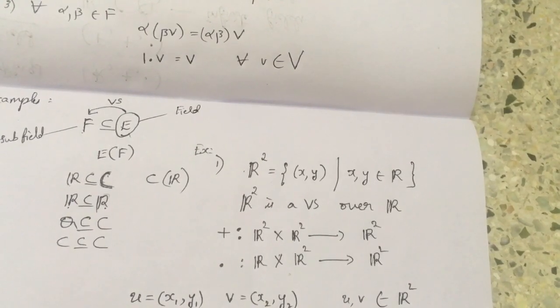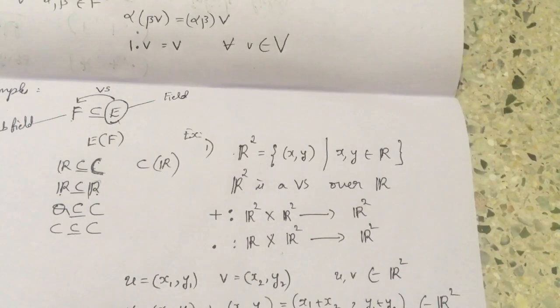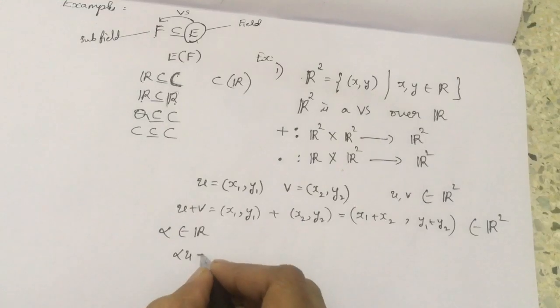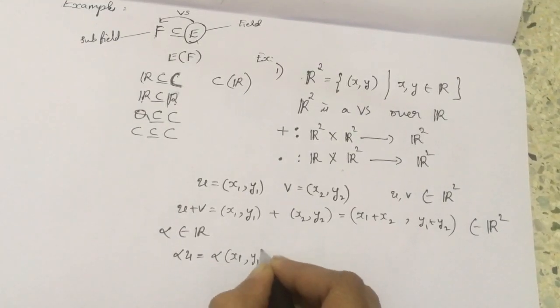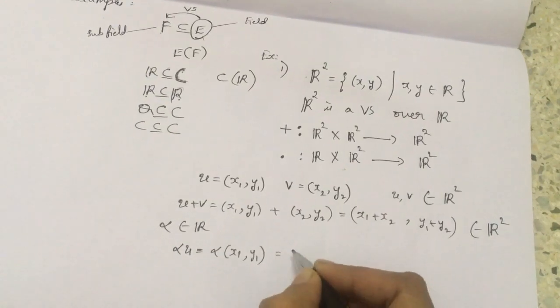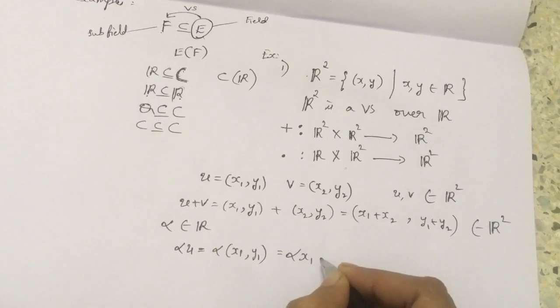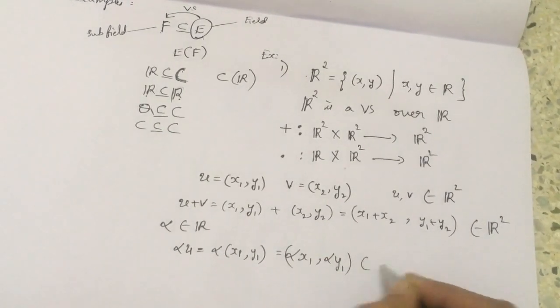For any alpha belonging to the real number set R, alpha into U is nothing but alpha into (x1, y1), which is (alpha x1, alpha y1), which is also a two-tuple and belongs to R2.